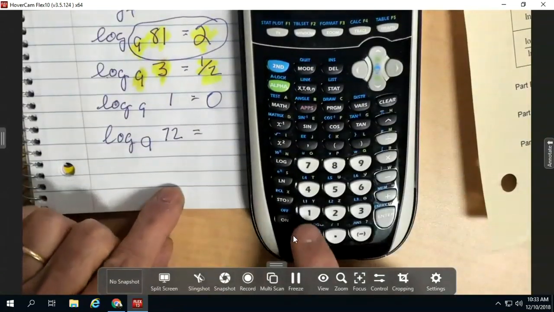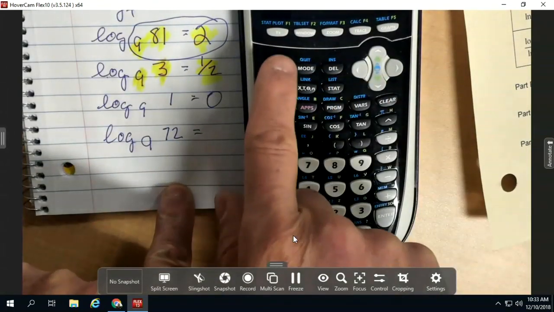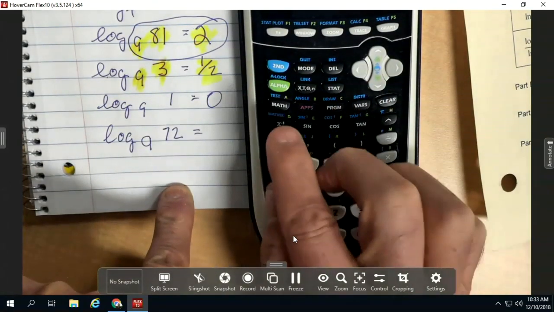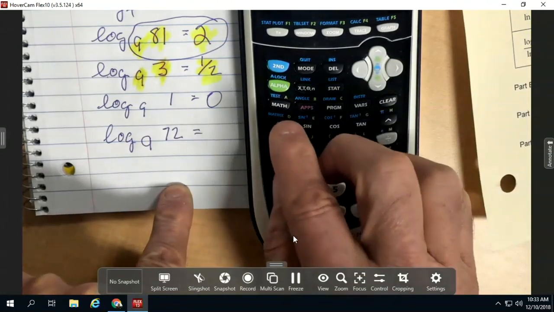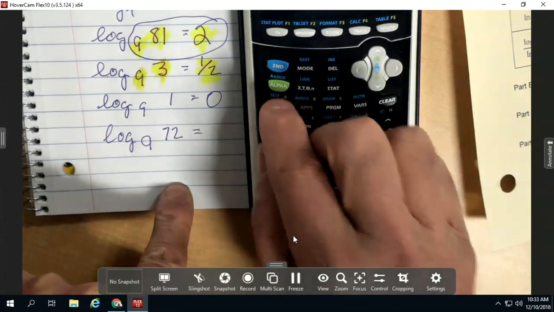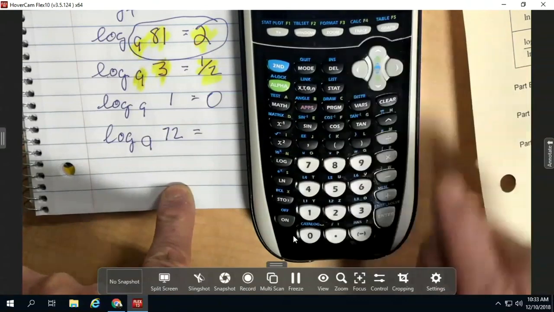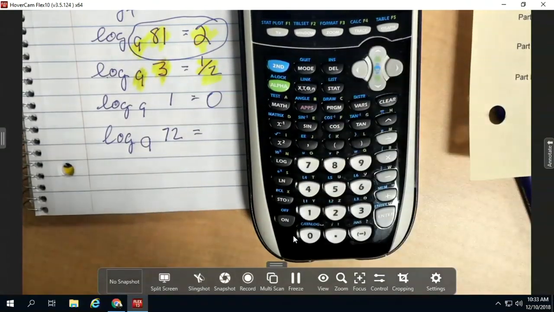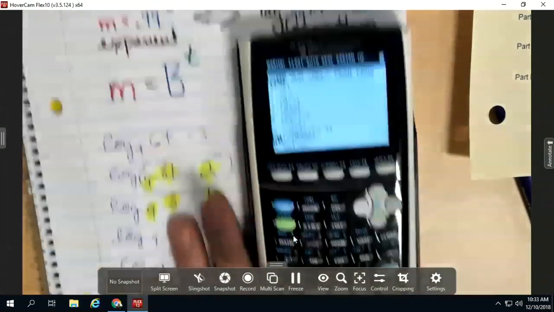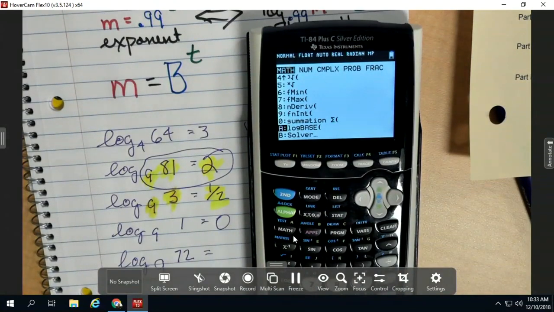Here's how you do it on your calculator. It's not second function, it's just math. Hit the math button and go down to where you see log base. On yours, I think your calculator will do it.